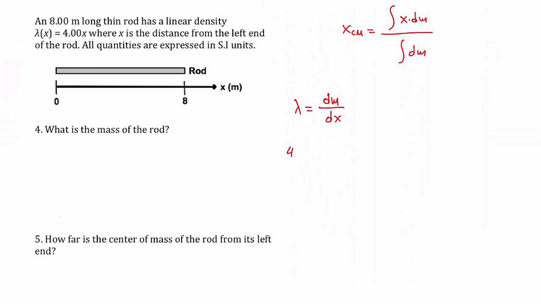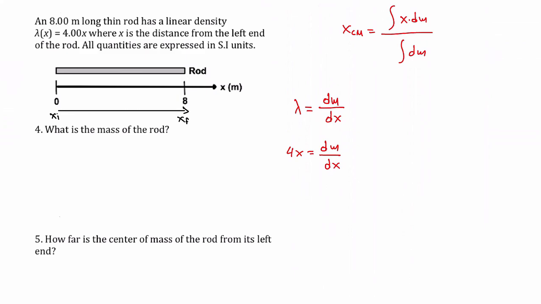It is 4x, equal to dm over dx. And because usually what we know is the length, my variable is x, so the x initial in this case will be 0, and the x final will be 8.